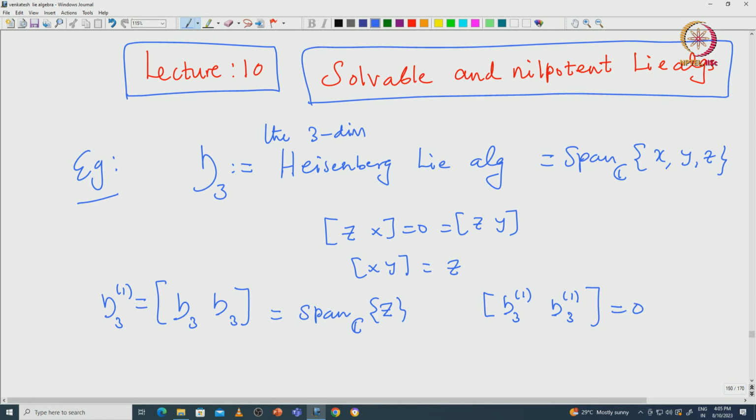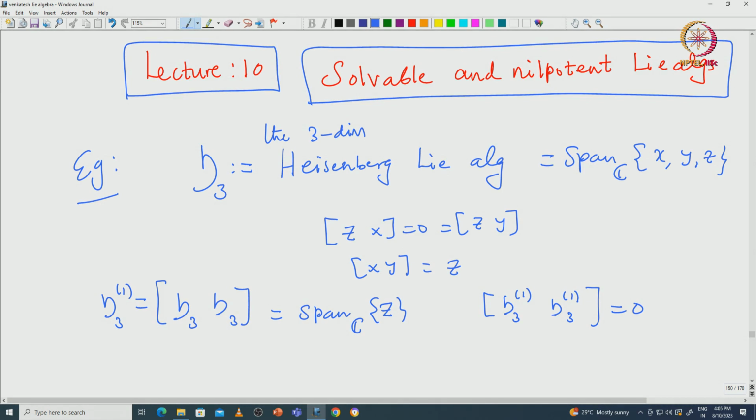This is a very important property. Even though this Heisenberg algebra is not abelian, it is not too far from being abelian. If you take successive derived algebras, then at some point you get 0. It happens very quickly, because this is a 3 dimensional Lie algebra, so it is small.